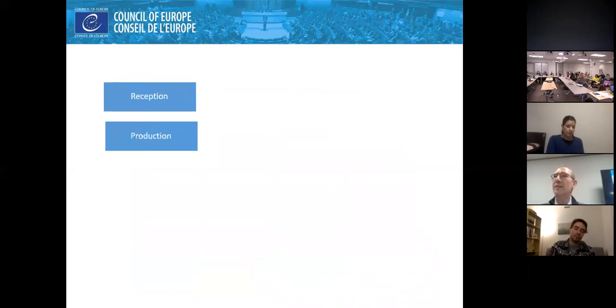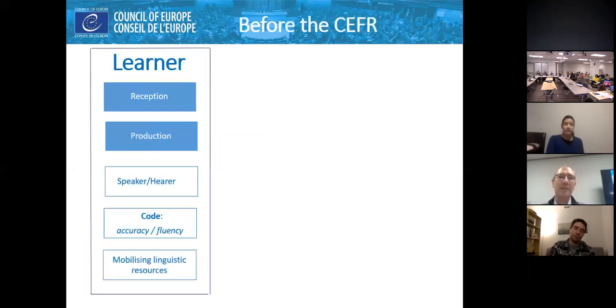Before the existence of the CFR, basically the learner was seen as a speaker-hearer, and the focus in language teaching was on teaching a code. And if you were really progressive, you thought about fluency as well as accuracy. And the aim was that students would learn to mobilize their linguistic resources in the context in which they found themselves.